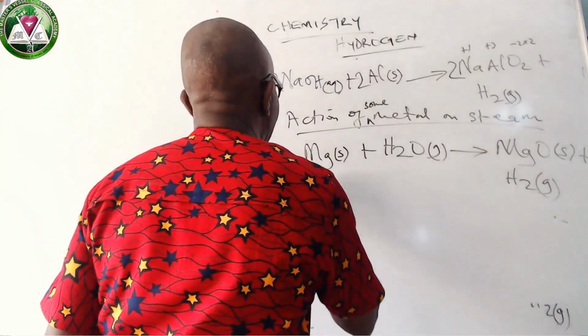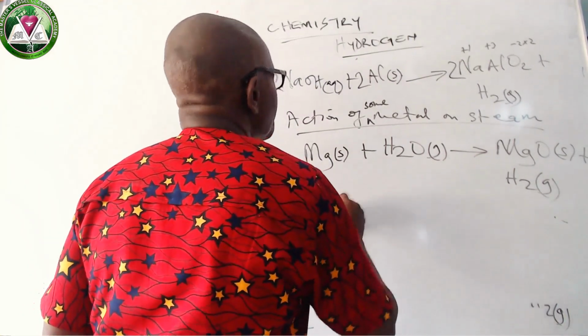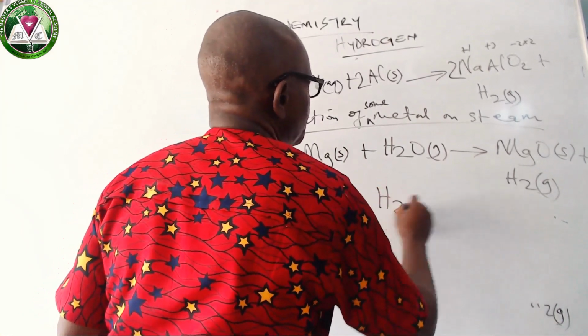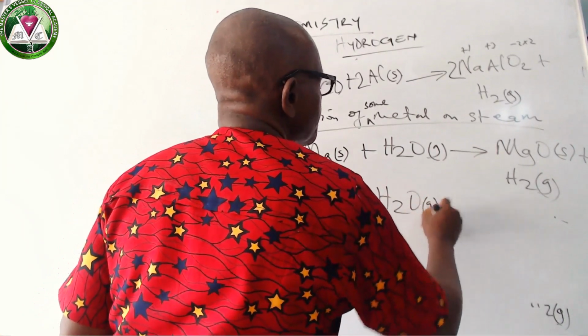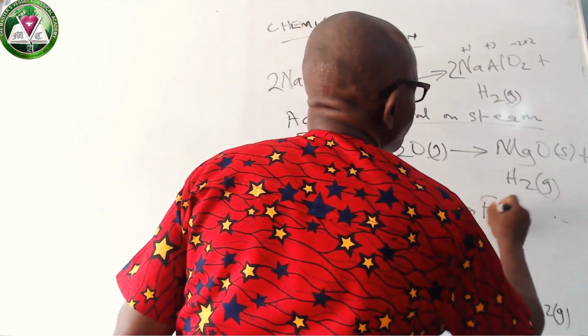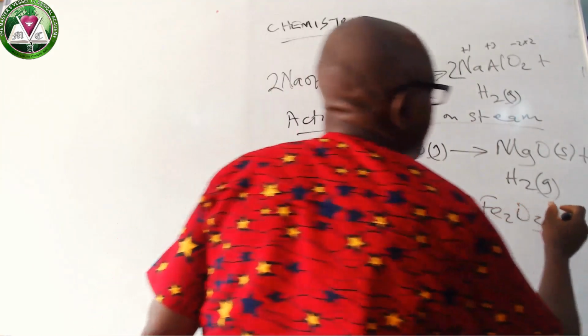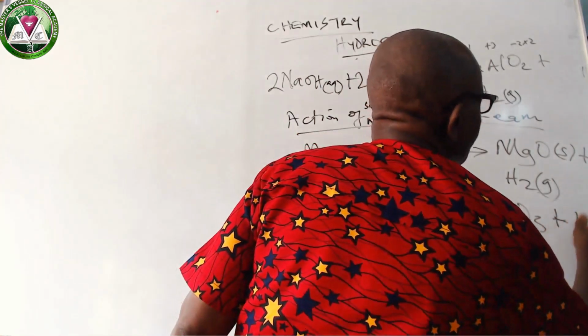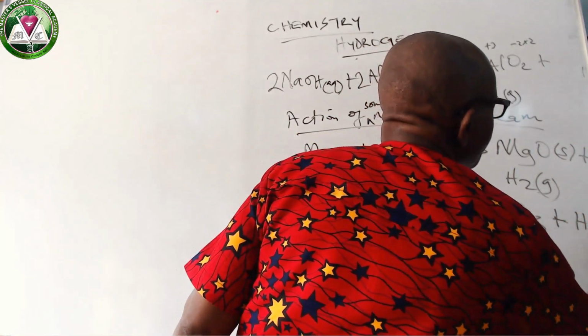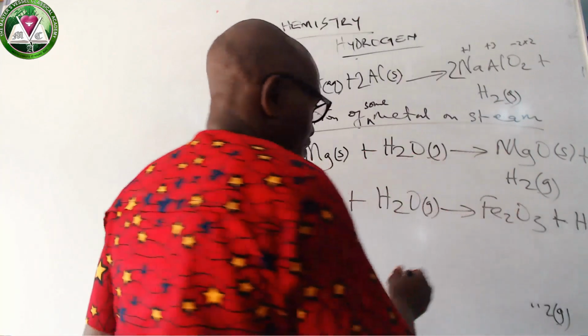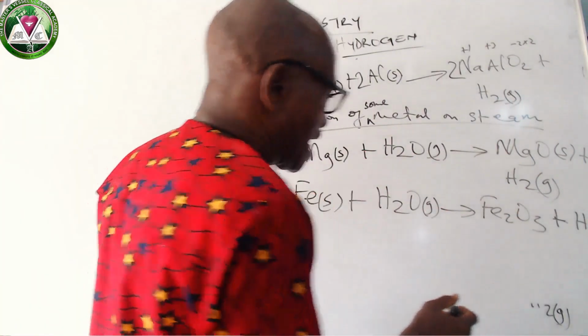We look at iron reacting with steam. It will give you Fe2O3, iron(III) oxide, plus hydrogen gas. Therefore, you look at how you can balance this equation.